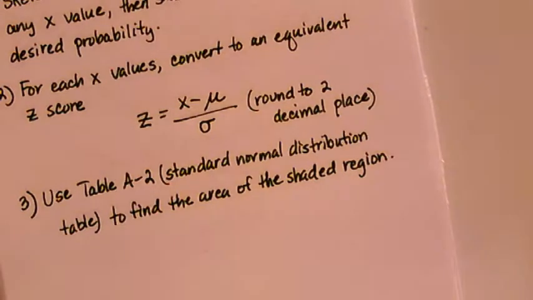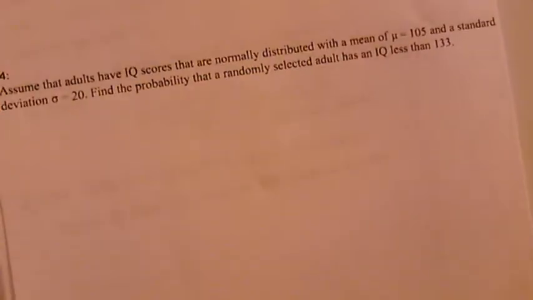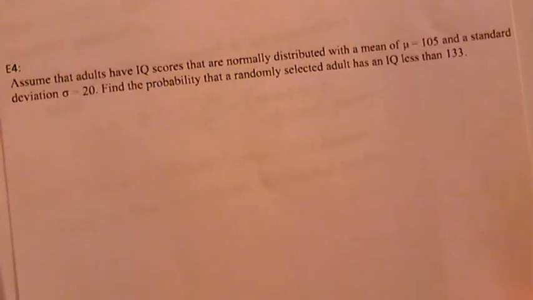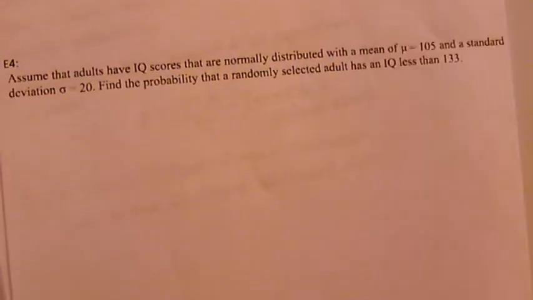All right, now let's look at the next example. Okay, it's this one. And in this case here, we want to assume that adults have IQs that are normally distributed with a mean of 105 and a standard deviation of 20.